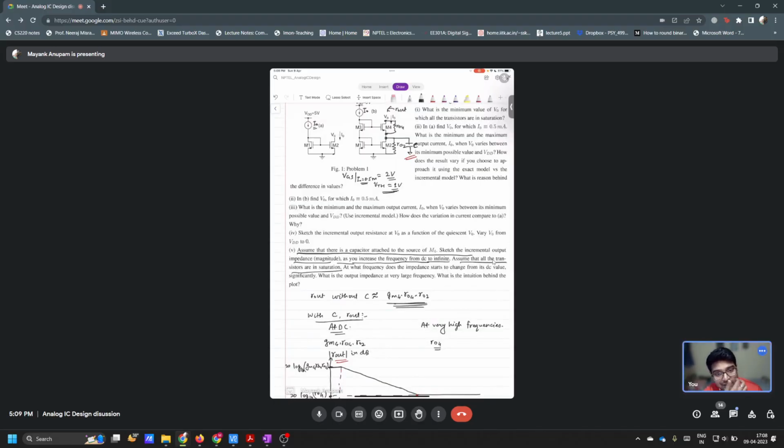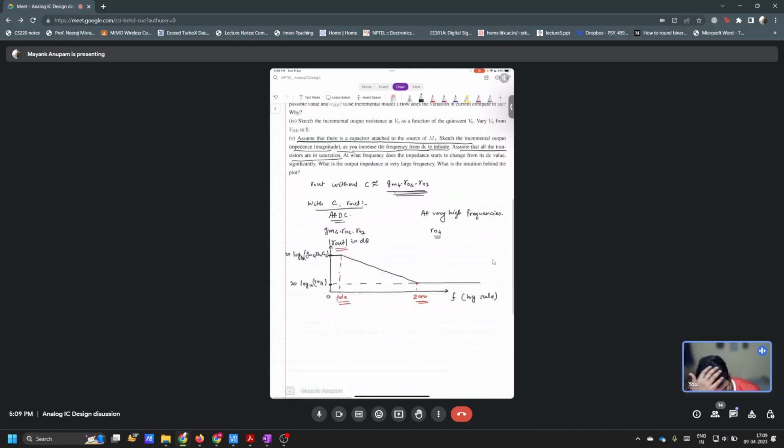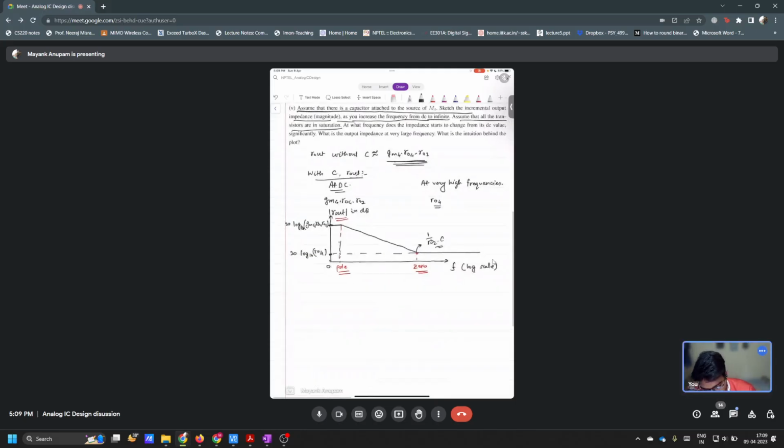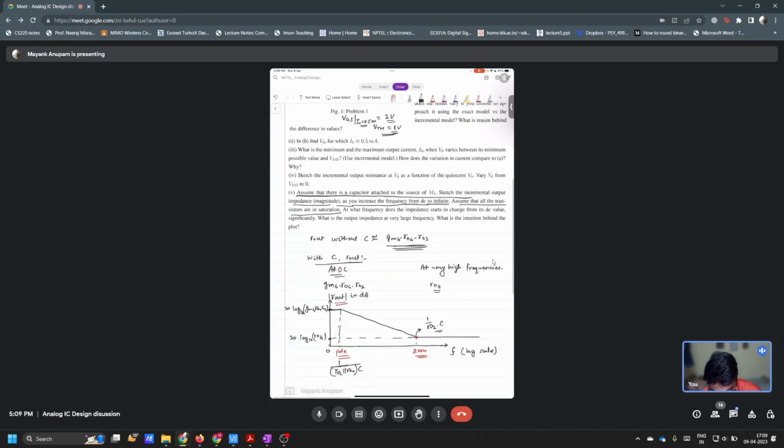It should be 1 over ro2 into C. And what should be the pole frequency? ro2 parallel ro4 into C. Yes, it should be 1 over ro2 parallel ro4 times C. Indeed. So how did you find it out?